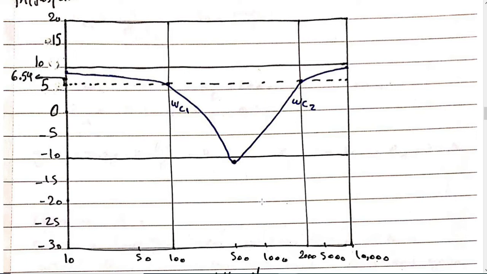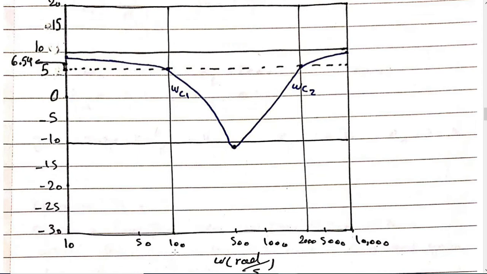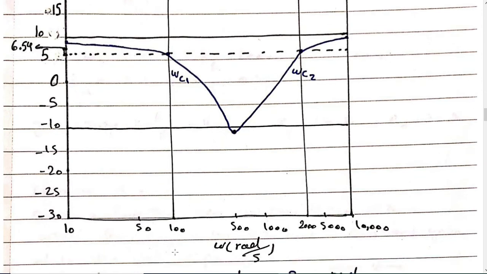So what is omega C1 over here? 100 radians per second. And how about omega C2, the higher cutoff frequency? It's 2000. So at least you can calculate RL and RH.